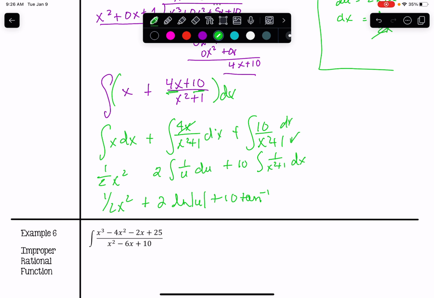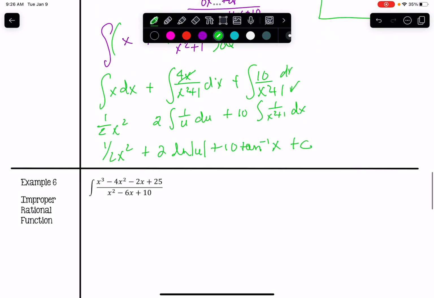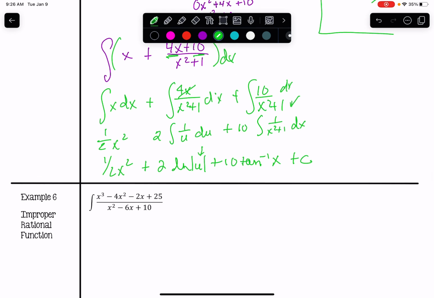Oh no, just x. I didn't have to use substitution for that. Plus c. So the only thing I have to substitute back in is this u. So I have 1/2 x squared plus 2 ln of the absolute value of x squared plus 1 plus 10 inverse tan x plus c.